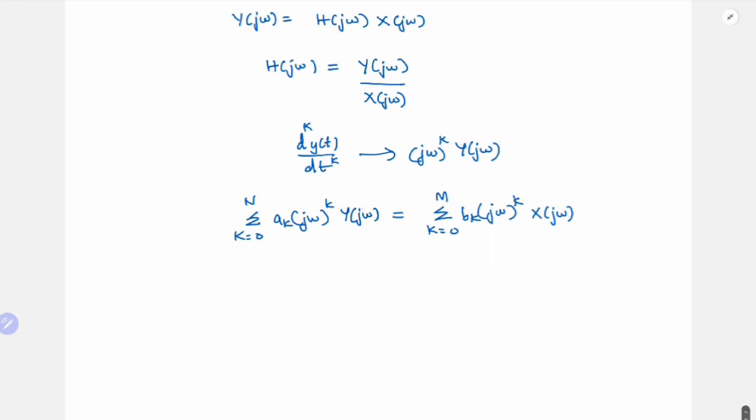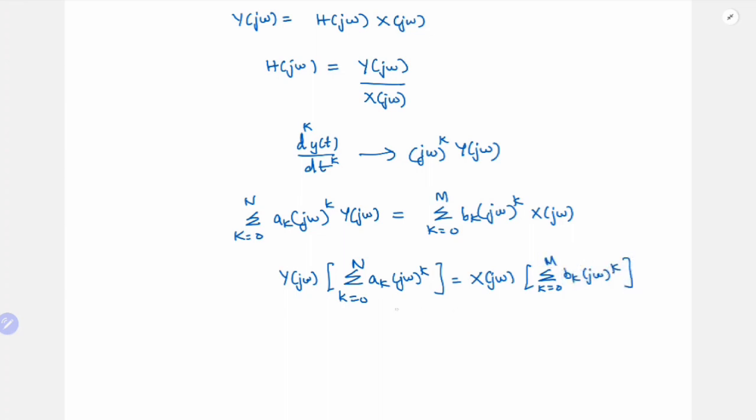So now this Y of j omega is actually common, so I can take it out. Y of j omega into summation k equal to 0 to n a_k (j omega)^k is equal to X of j omega into summation k equal to 0 to m b_k (j omega)^k.